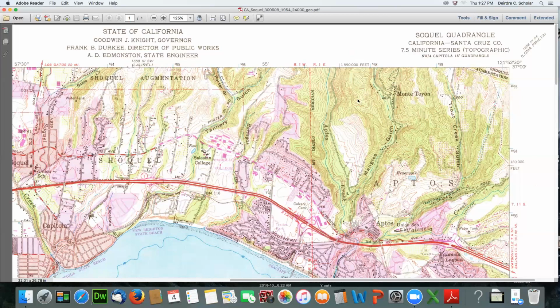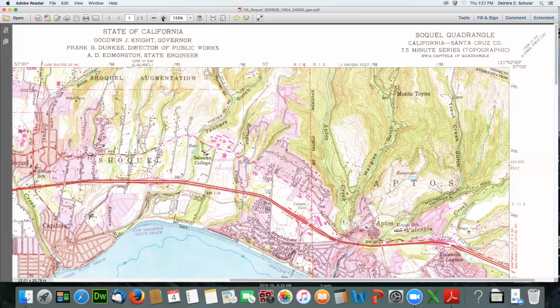That's the smallest circle. If I look over at Monte Toyon to compare, here's my 500-foot index contour. The next index contour up is worth 600. And then there's actually some regular contour lines above that. So I can count now by 20s because that is the contour interval. So this would be 620.